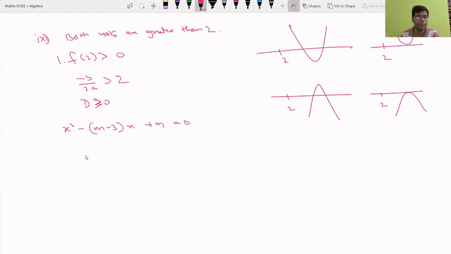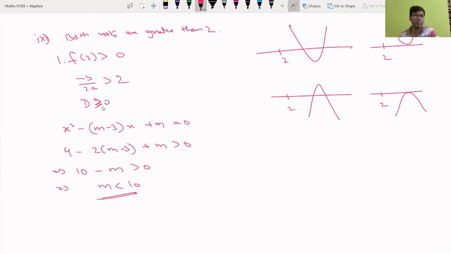So f of 2 will be 4 minus 2(m minus 3) plus m is greater than 0, which implies this will be 10 minus m is greater than 0, which implies m is less than 10. Okay. And so this is my first condition.